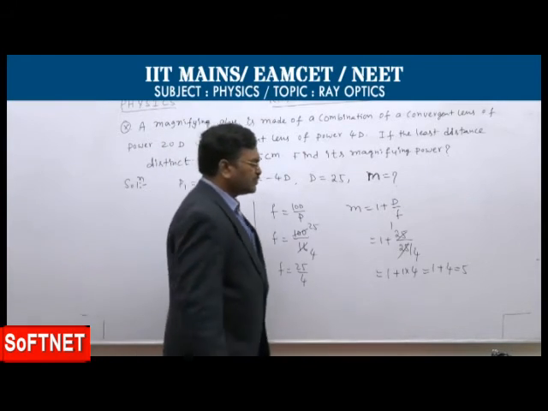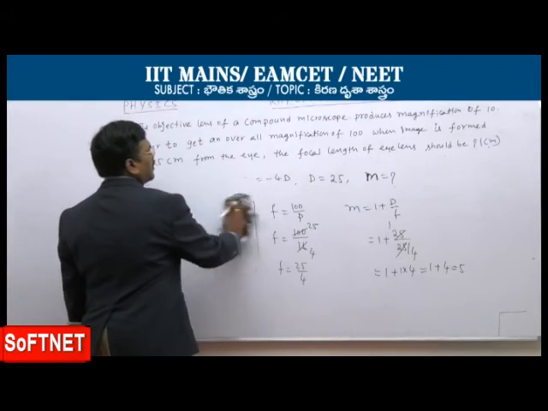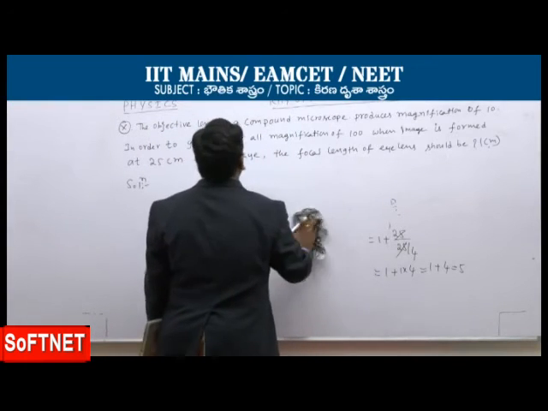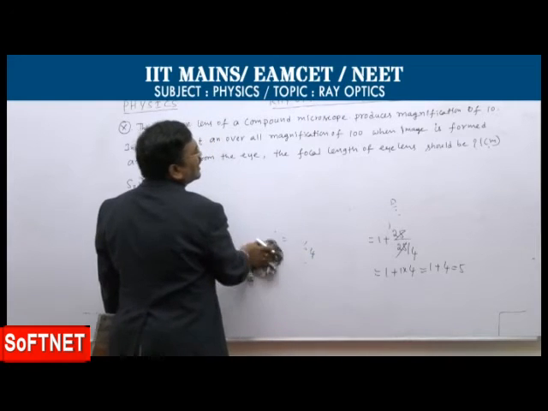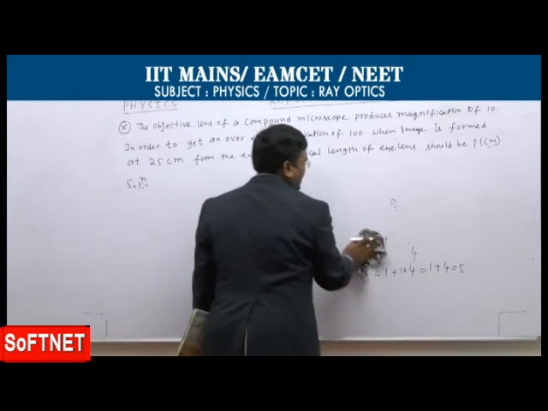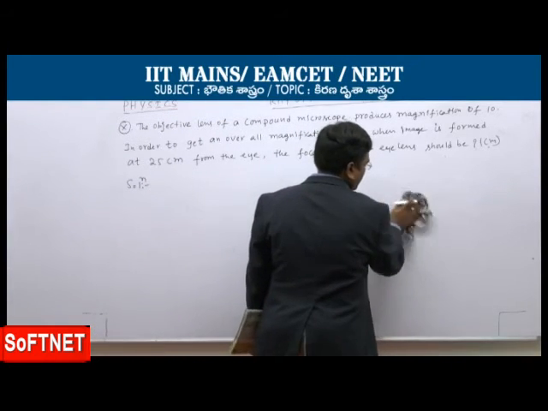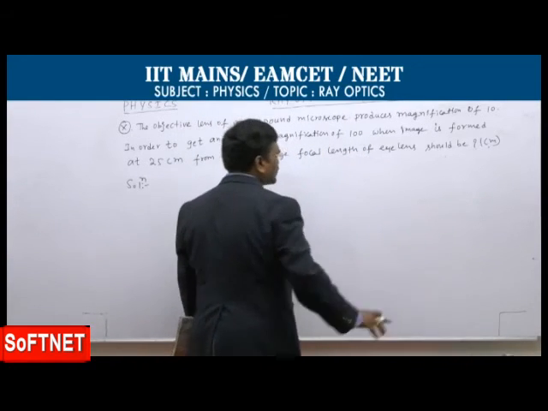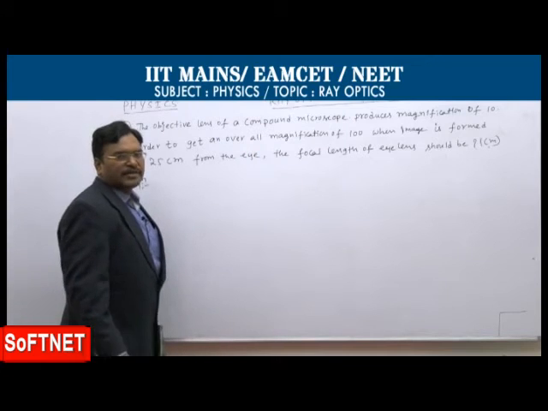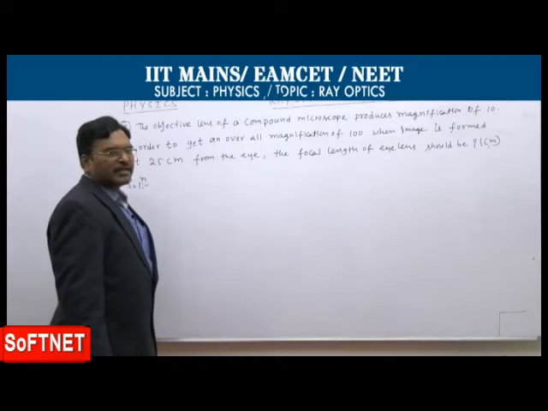Note down. The objective lens of a compound microscope produces a magnification of 10, which means M naught is 10. In a compound microscope we have an objective and an eyepiece, you know that.